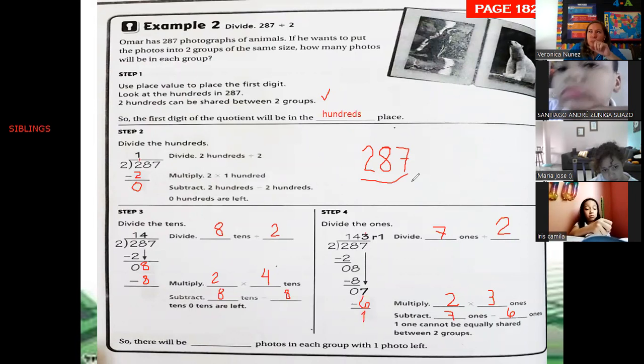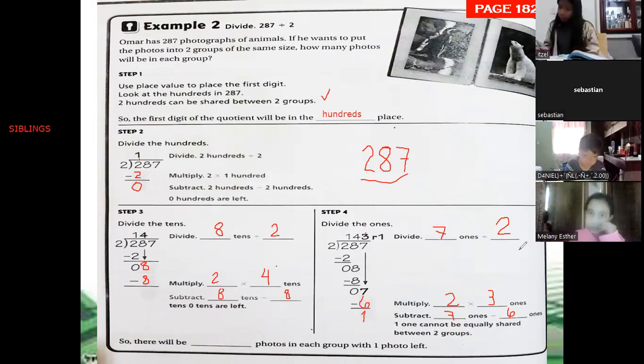And you said that each group has 0 photos. Does that make sense? Analyze your answer. 0 photos in each group, but there are 287. 0 photos?